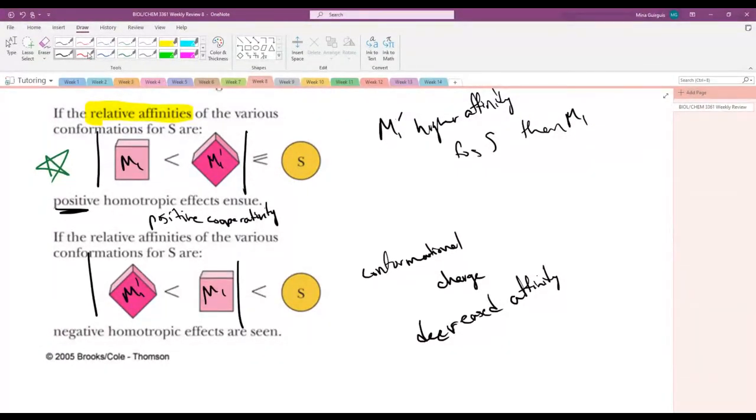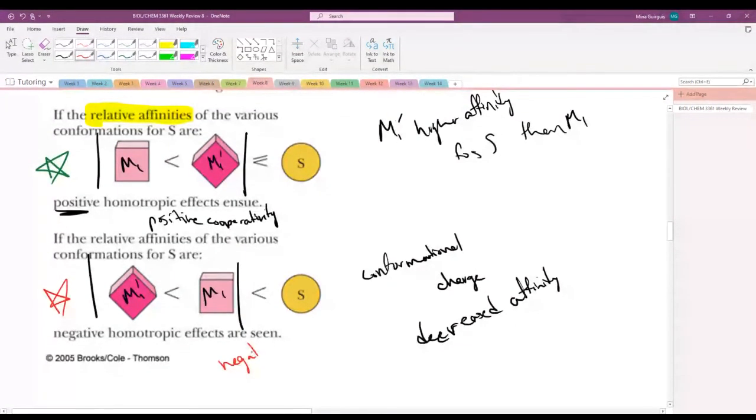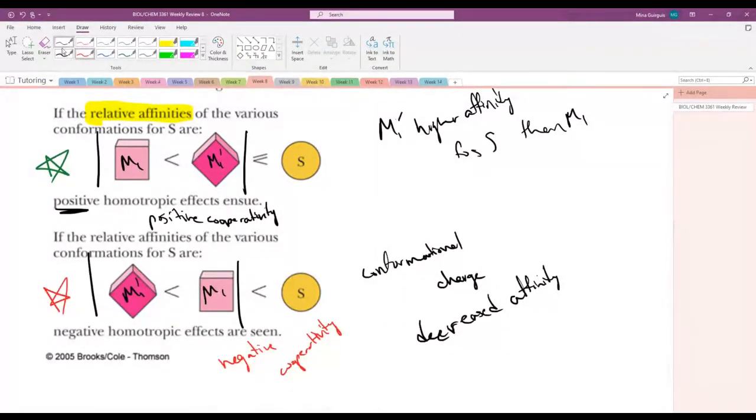This is negative cooperativity. Okay. So the KNF model is more easily able to show both positive and negative cooperativity, whereas the MWC model struggles to show negative. Okay, that's kind of why we have both, is because they both are valid, by the way.